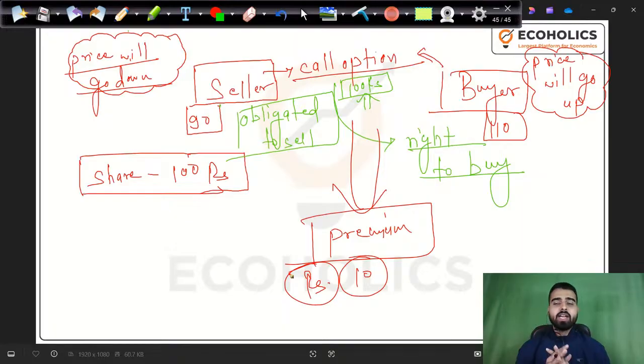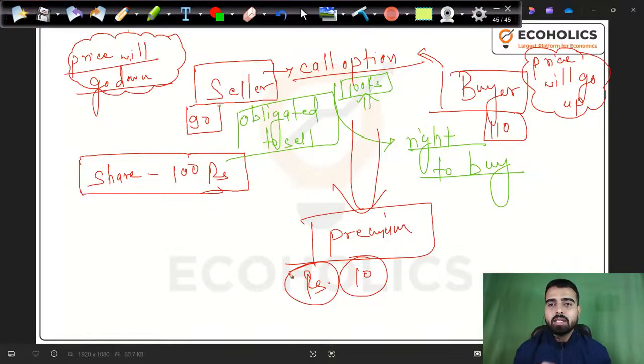Now just take an example. Now in future, what happens? The buyer bought the call option. The price went to 150. Now the buyer has a right because he has purchased the call option. He has a right to buy. Okay. So the buyer will say to the seller, I want to exercise my right of call.